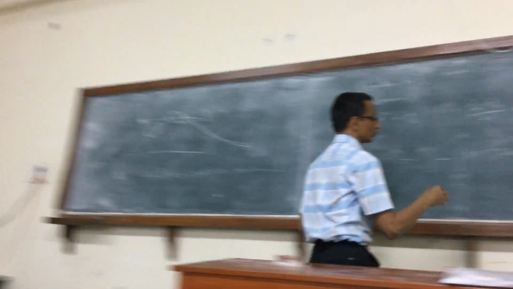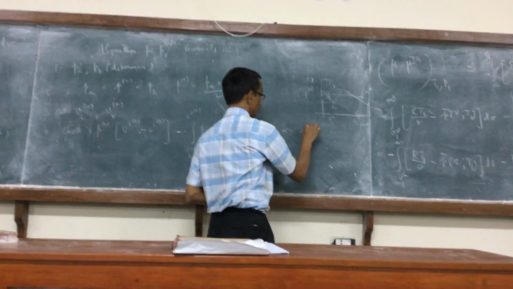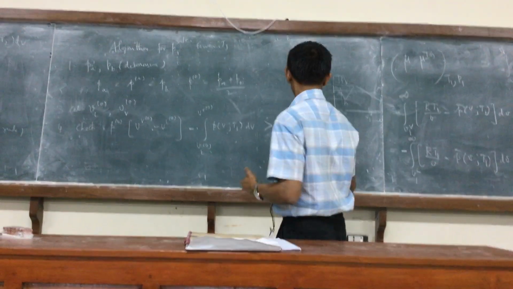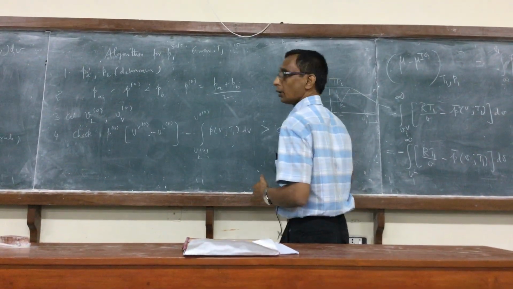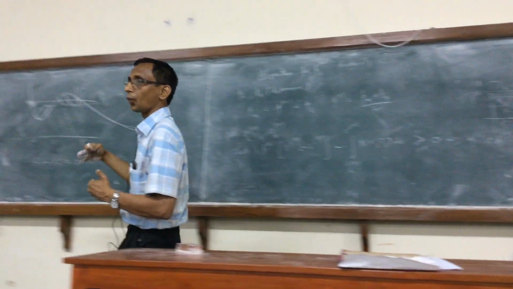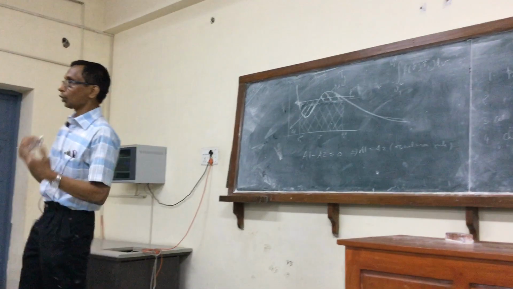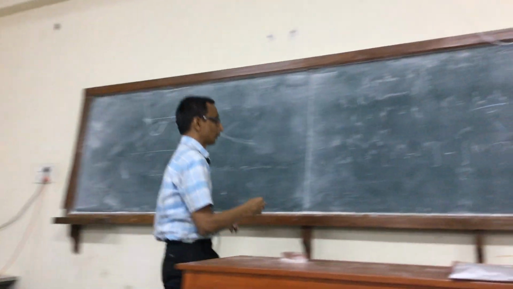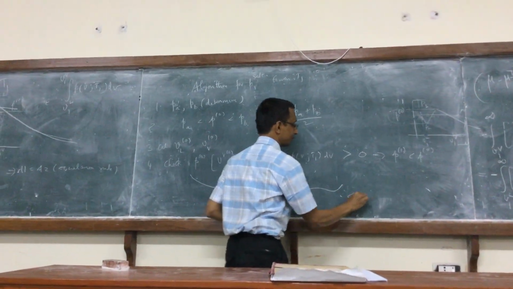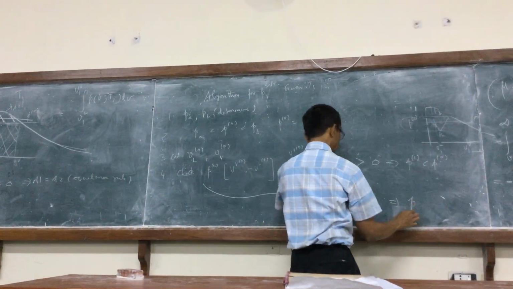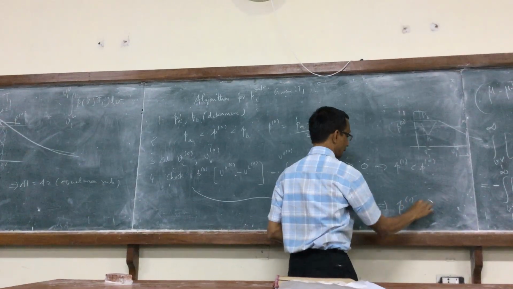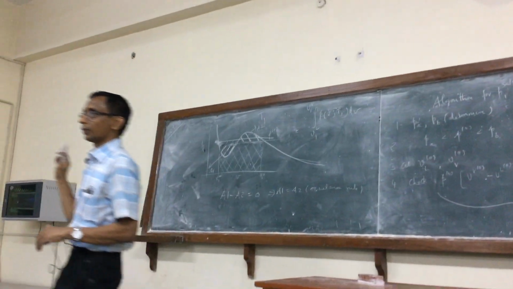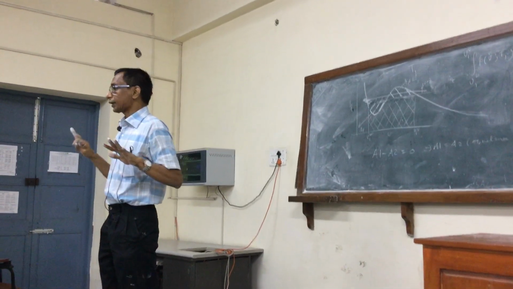So if this is true, then P1 would have to be less than P0. You can clearly see we have to bring the pressure down to make A1 become closer to A2. A1 is much greater than A2. By the same argument, if this whole quantity is less than 0, then clearly we get that P1 must be greater than P0. Easily construct a similar diagram and convince yourself. So that is very clear.